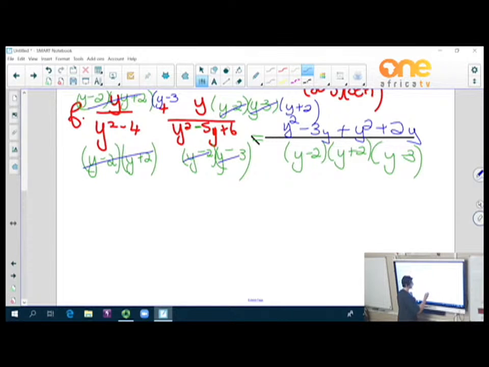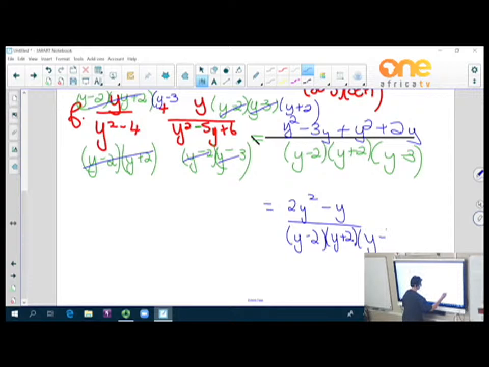Adding your like terms, then we have 2y squared minus y over y minus 2, y plus 2, y minus 3. And we can simplify there, but it will not simplify that one.